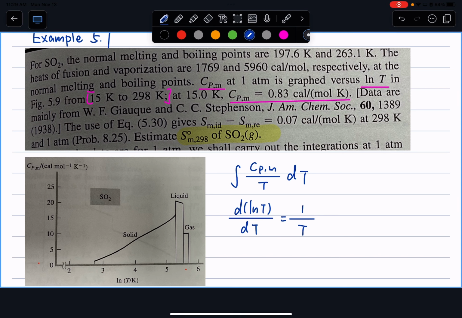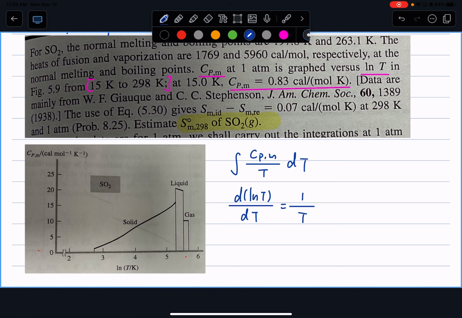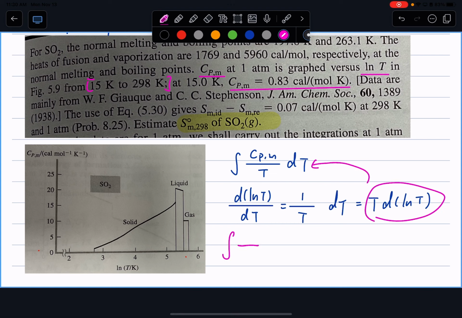As a result, we can write dT equals T d ln T, and if we plug this back into dT, what we have is the integral of CPM d ln T. These two terms are equivalent to each other. If we look back to the figure, we're estimating this integral here.